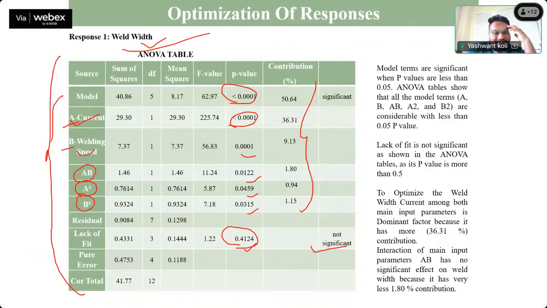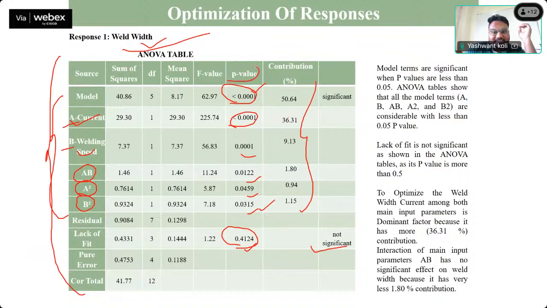All these factors have to be significant to get a model that is significant and has high repeatability. So this p-value has to be less than 0.05.